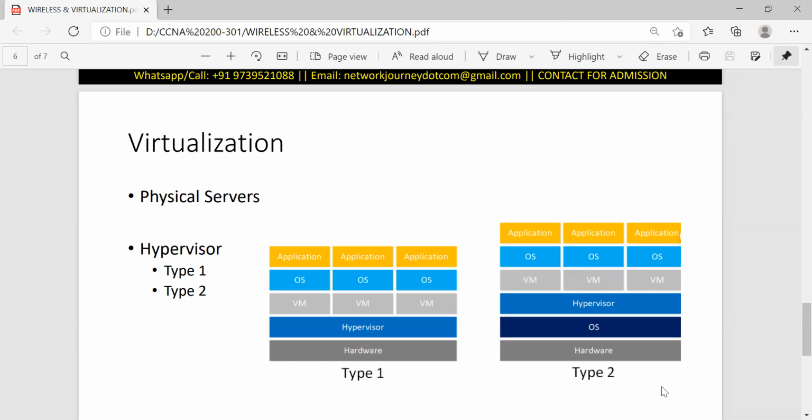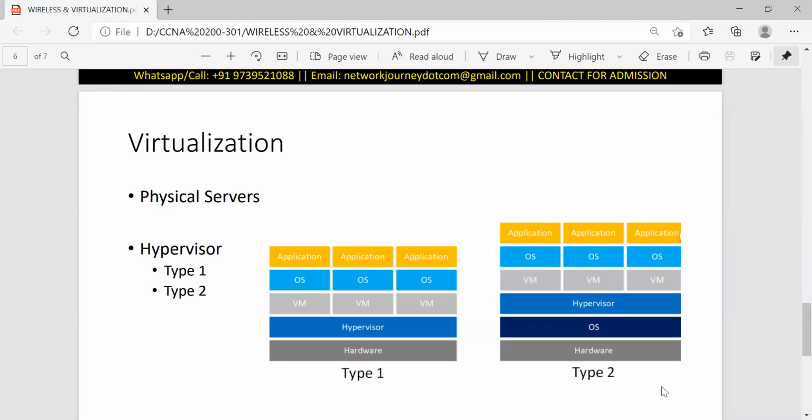What do I mean by up to the mark? On the hardware we used to get, we had only one operating system installed, and maybe a few applications we were trying to run on those servers. So the birth of virtualization is basically because of underutilization of your physical servers.